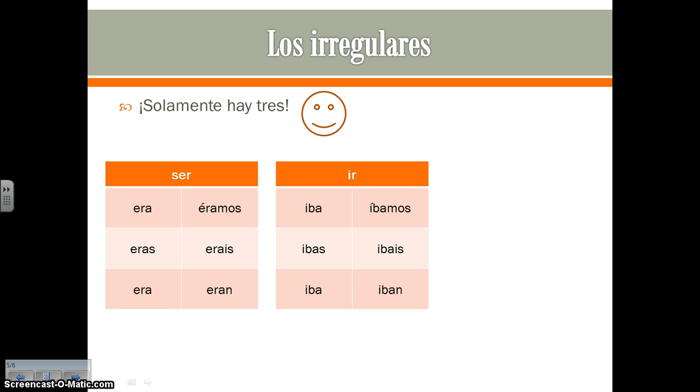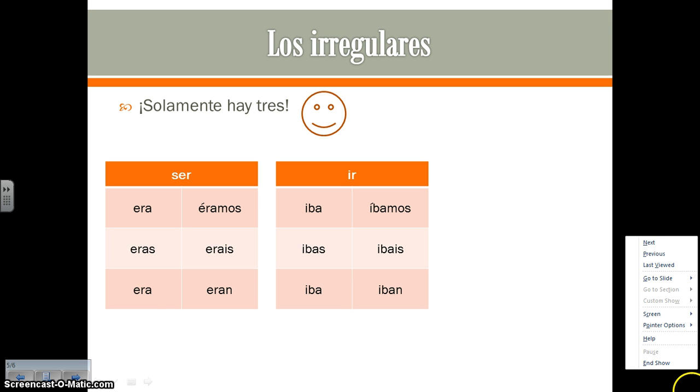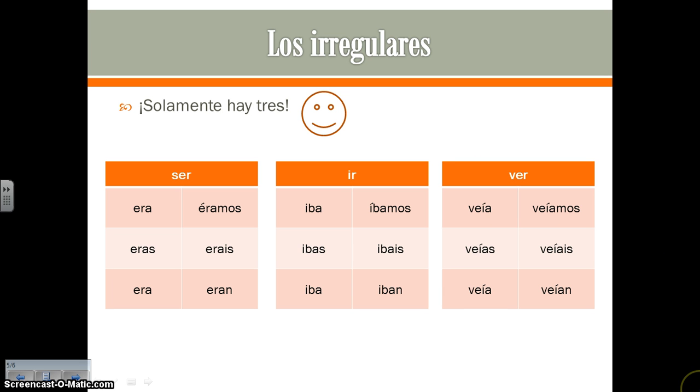And then finally, our verb ver is our irregular. And really, with ver, we keep the E, and if you'll notice, it has our ER endings. So veía, veías, veía, veíamos, veíais, and veían. So I remember the conjugations of ver by keeping the E and then just adding our endings for ER verbs.